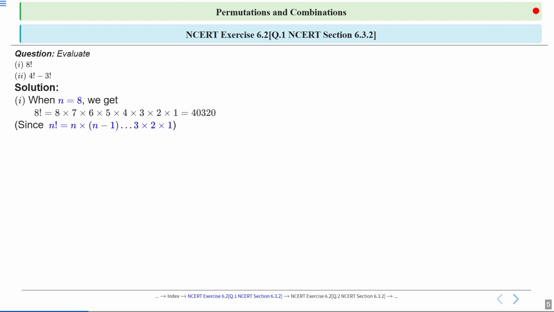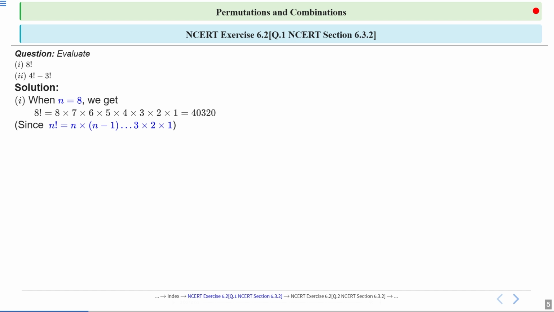Here we have n is equal to 8. So using the formula n factorial is equal to n times n minus 1 times dot dot dot 3 into 2 into 1, we can calculate the value of 8 factorial. So 8 factorial means multiplying all numbers from 8 to 1, and its value will be 40,320.